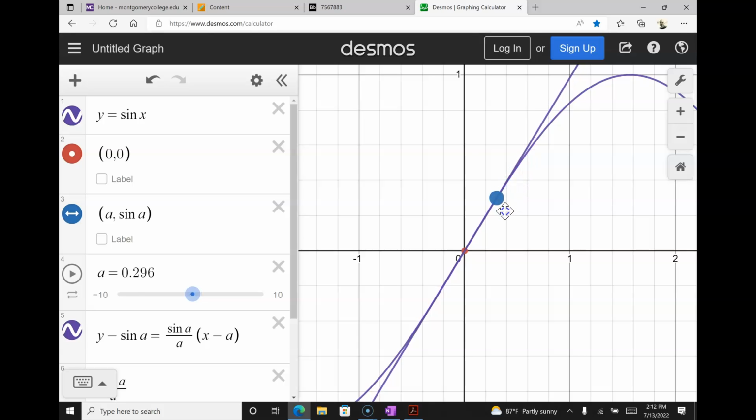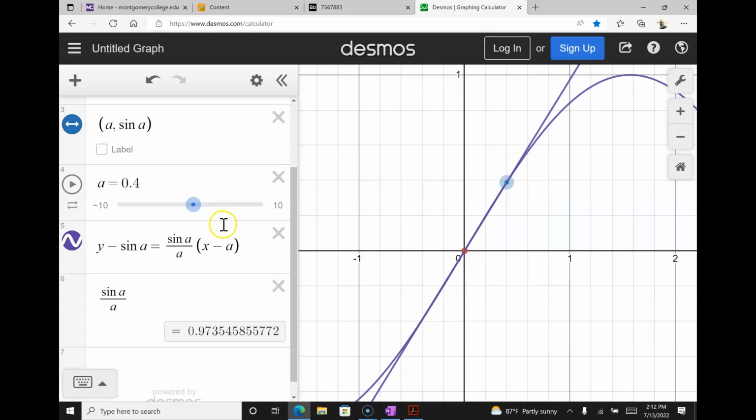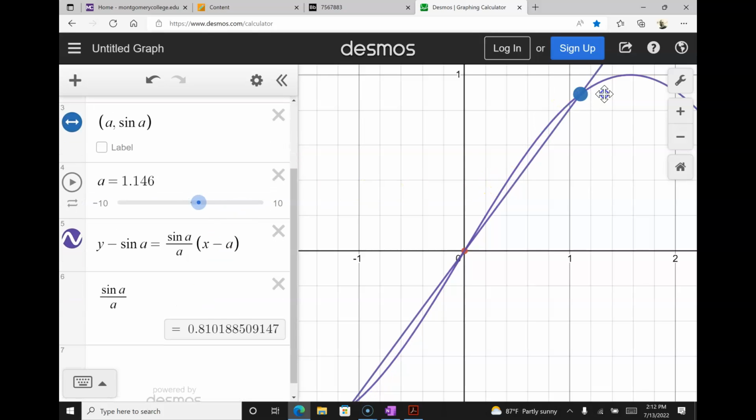What's happening to my slope? There's my secant slope. Where is it going to? 1. And remember how I showed you on that Monday that you can really see that the right base of 1, height of 1.